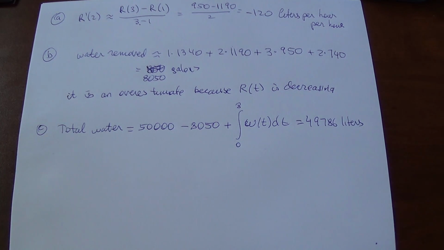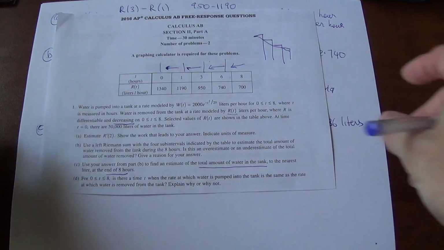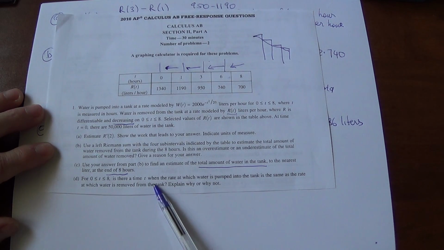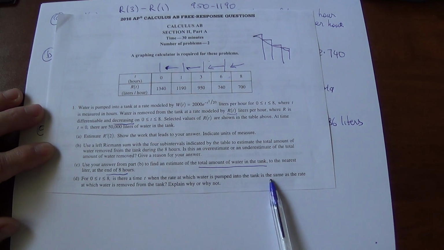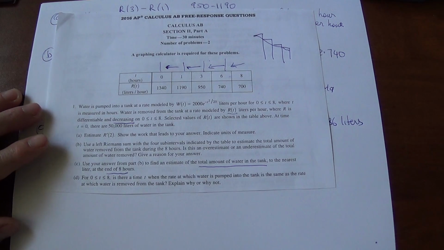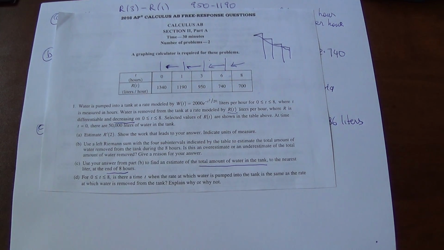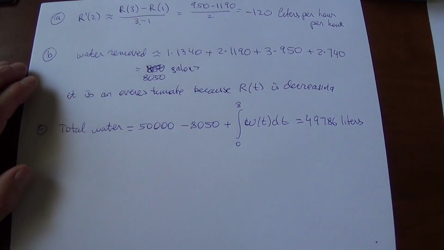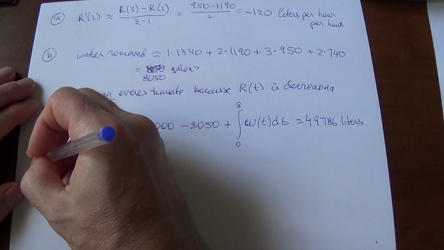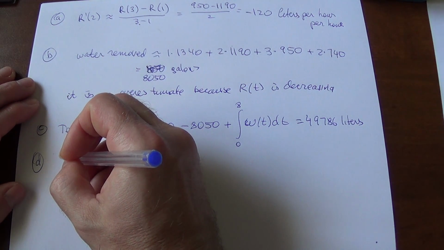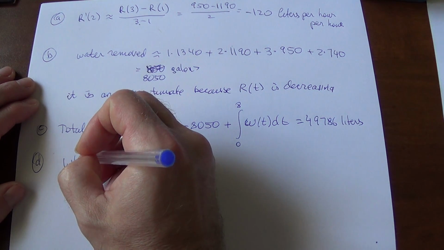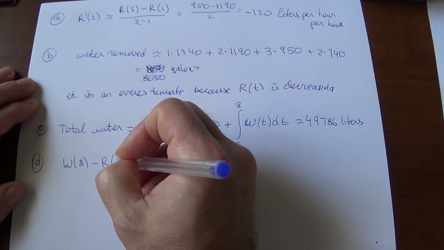Okay. And the last question here is a little tricky. From 0 to 8, is there a time t at which the rate at which the water is pumped into the tank is the same as the rate at which the water is removed from the tank? And explain why. So all we need to do is determine this. Take W of 8 minus R of 8.